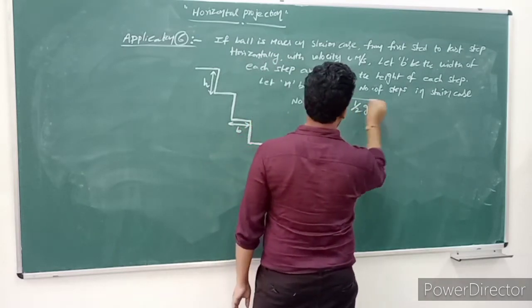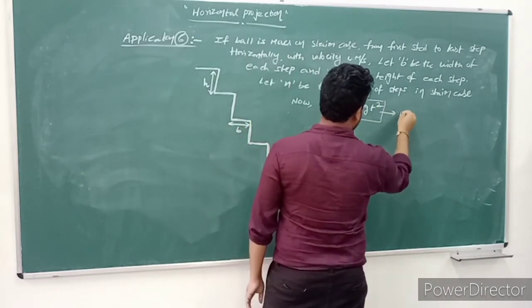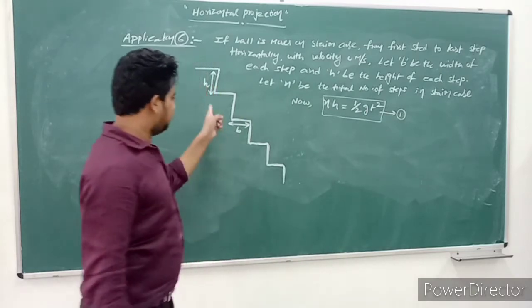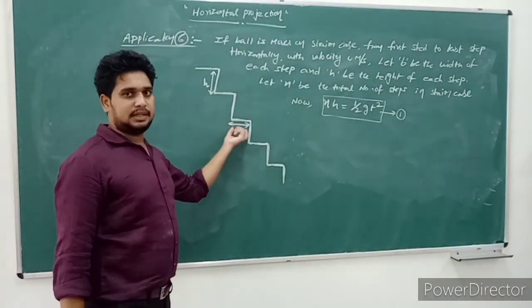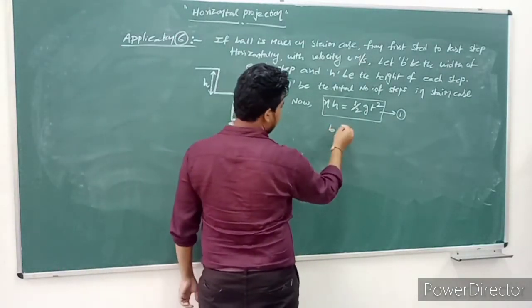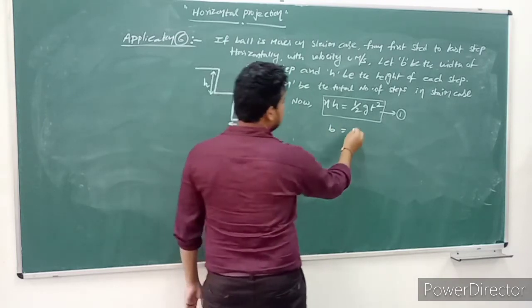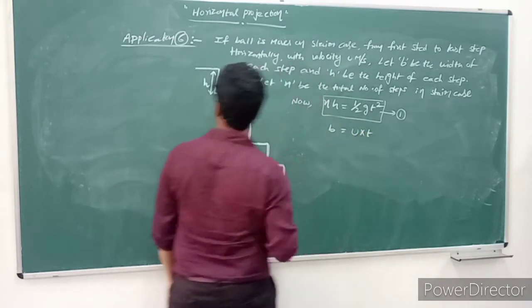This is equation 1. Now the width of each step, b, is equal to velocity into time.